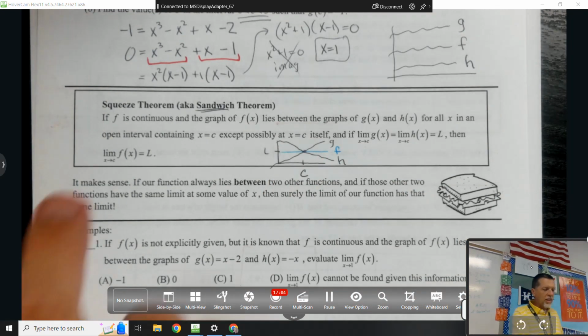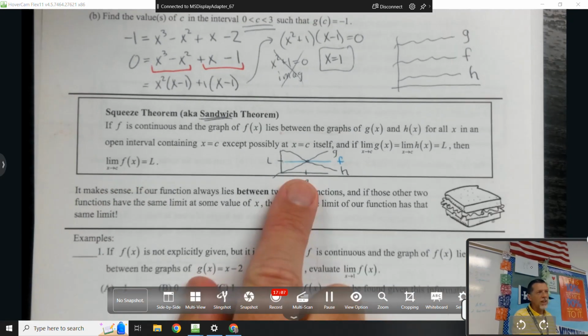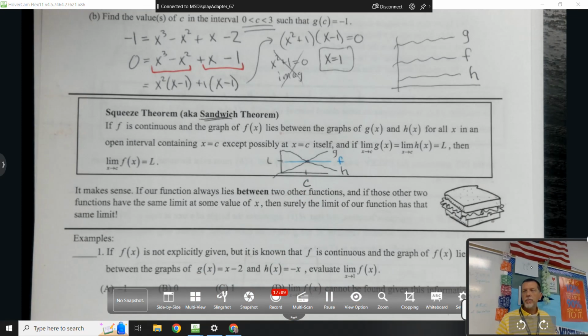Well, it sure seems like the limit for f should go to L. If you squish the sandwich down so that the top bread and the bottom bread were at the same point, well, then the meat's at the same point too. And the sandwich analogy kind of breaks down because now your sandwich and your bread have like 0 thickness to them.